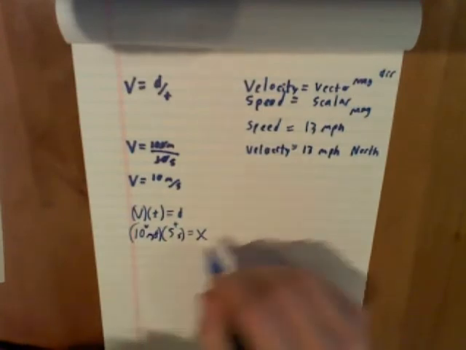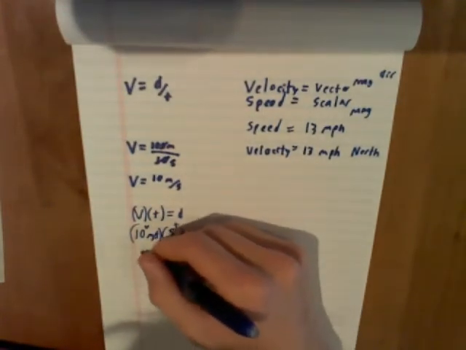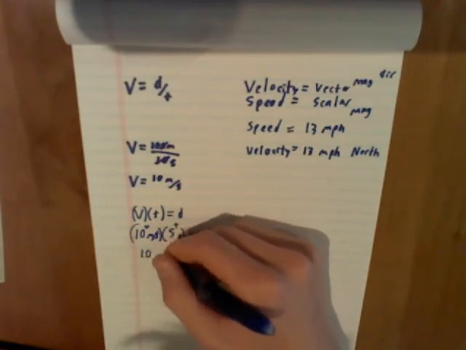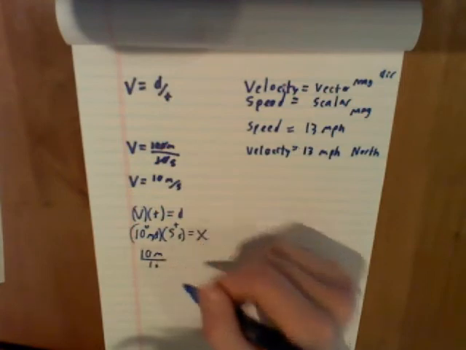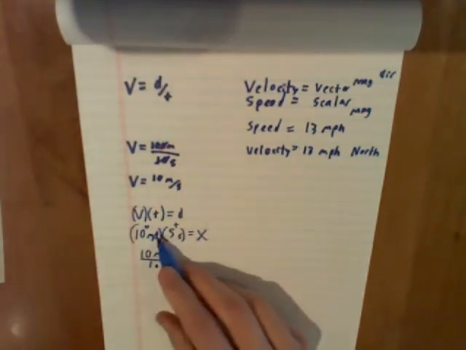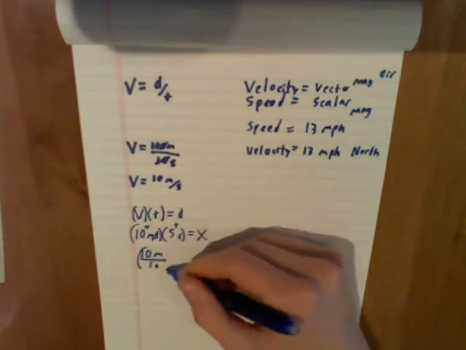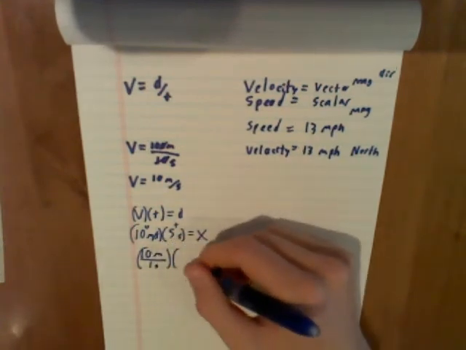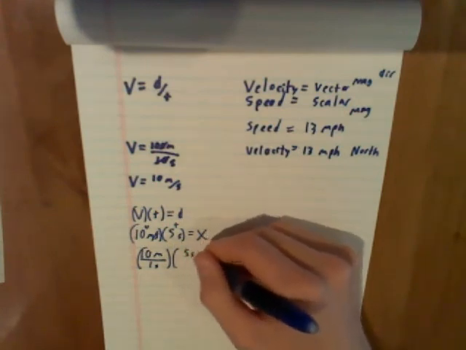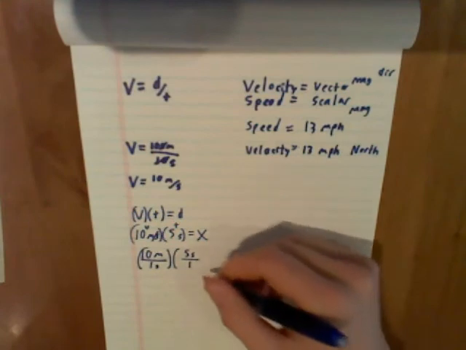So let's put these in a better form so we can see it. 10 meters per second. This time I'm going to put the 1 second on the bottom, because we're going 10 meters per 1 second. And we're multiplying it by 5 seconds, and I'm going to put a 1 under that so it makes more sense to see.